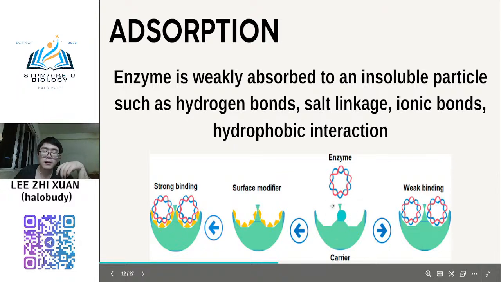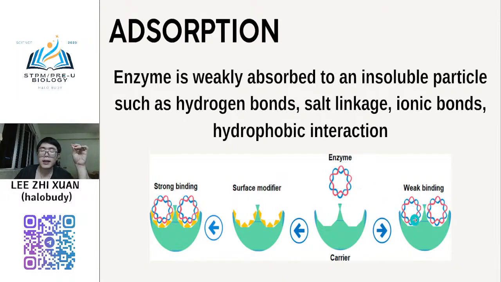This enzyme just binds weakly only. Dia bind tapi very weak je. So normally for this bond you will see hydrogen bond, short linkage, ionic bond. Although it has ionic bond, this ionic bond is a very weak ionic bond. It is not a strong ionic bond. Or even hydrophobic interaction only.